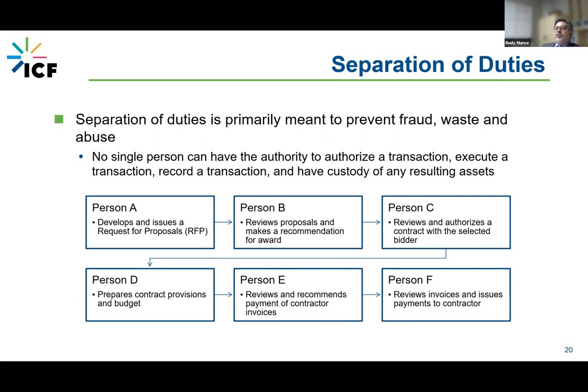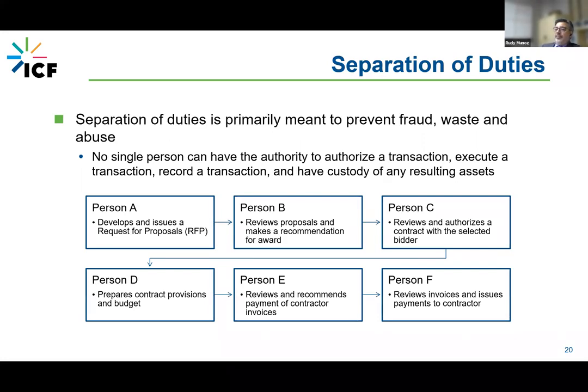Person C reviews and authorizes a contract with that selected bidder. Person D then prepares the contract provisions and the budgets. Person E then reviews and recommends payment of any of the contractor invoices. And finally, person F reviews the invoices and issues payment to the contractor.